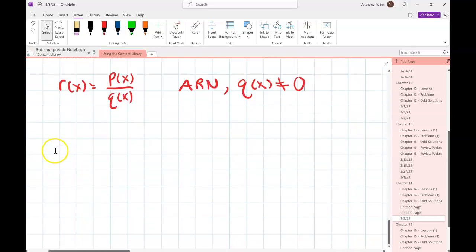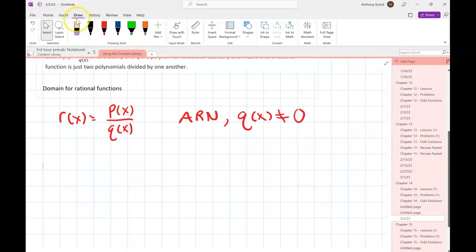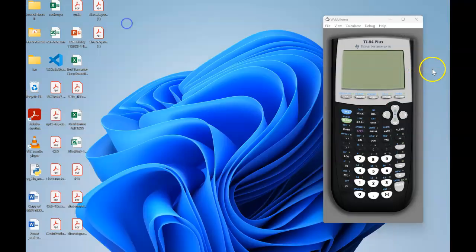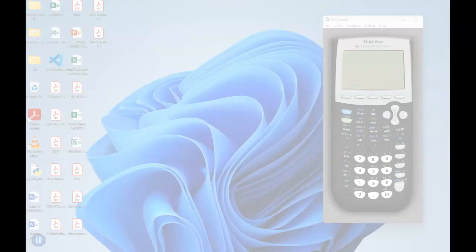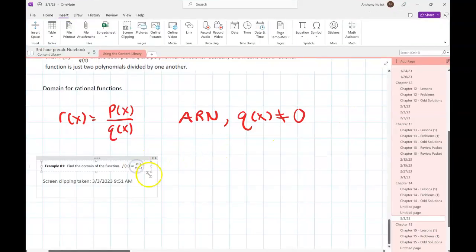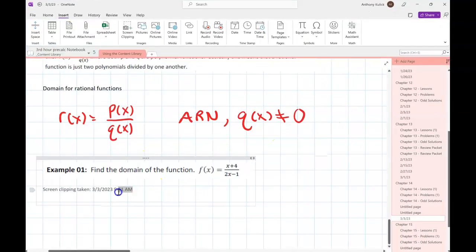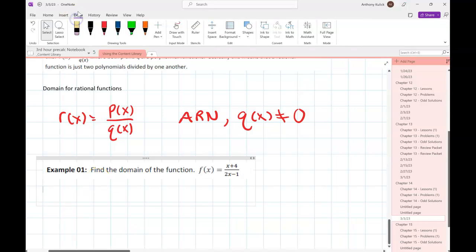So let's look at an example then, or examples anyways. The first thing I want to do is check to make sure this is a rational function, right?